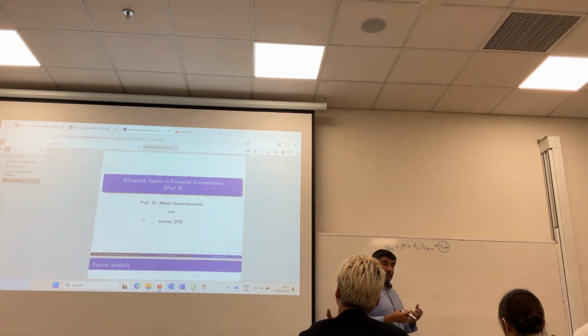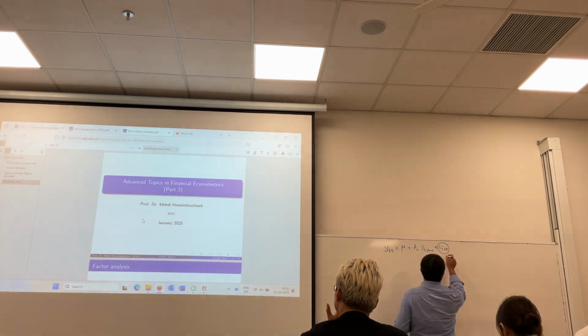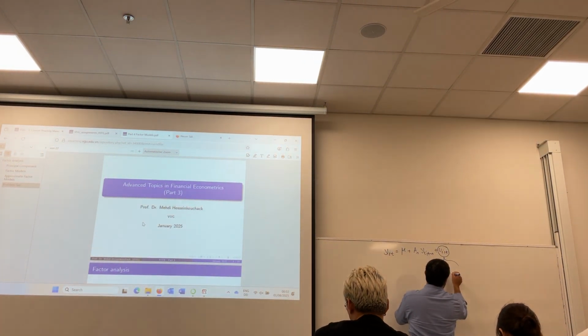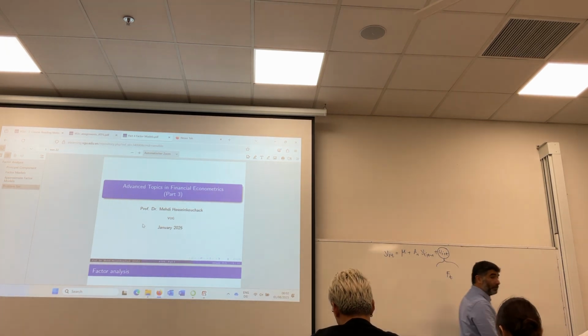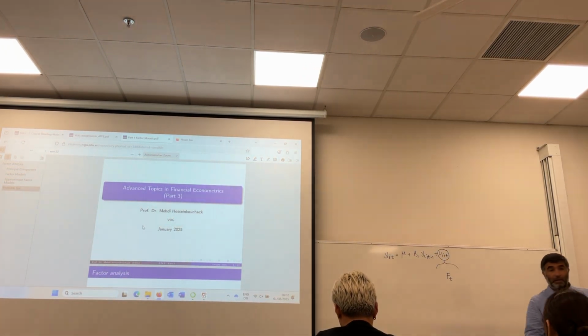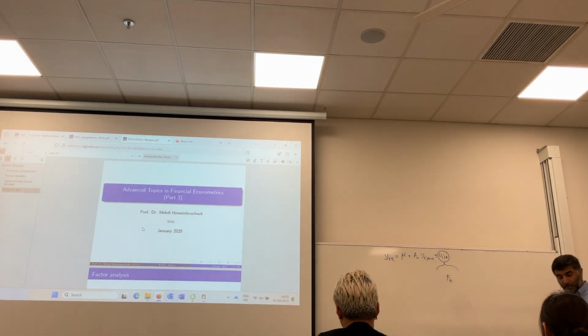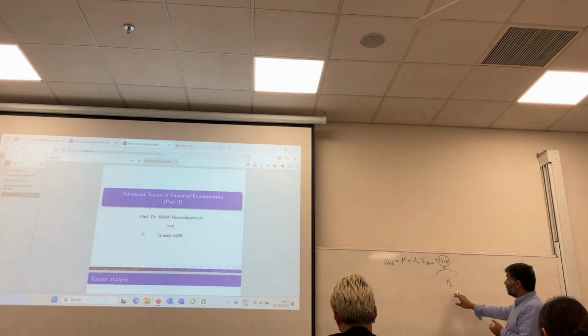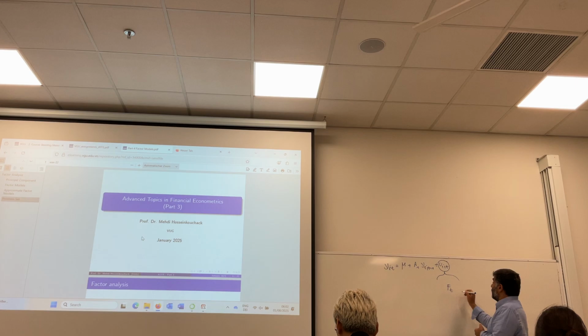So what I mean is that essentially u could be a function of some factors, let's call it f_t. But they are in here, and they affect each country differently.